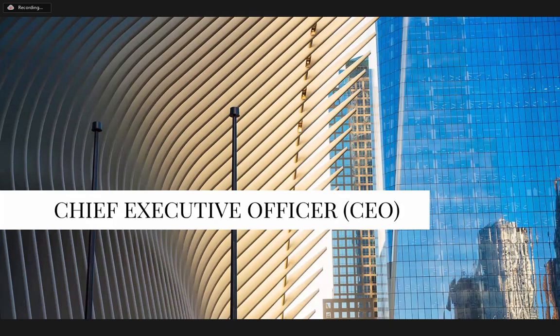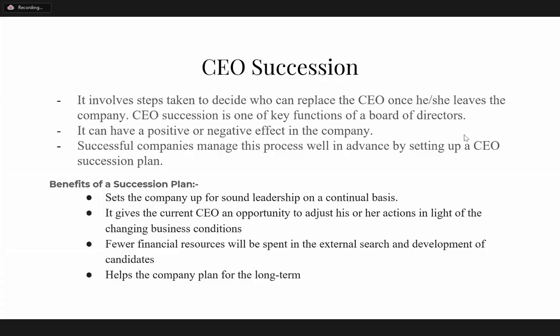So I'll be discussing CEO succession. It involves steps taken to decide who can replace the CEO once he or she leaves the company. It's normally performed by the board of directors, and it can have a positive or negative effect. Successful companies manage this process well in advance by setting up a CEO succession plan.